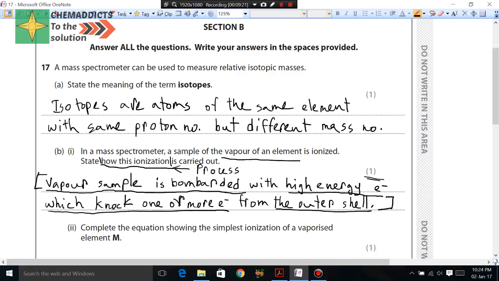Those other answers tell us what is formed, but here they have asked about the process.